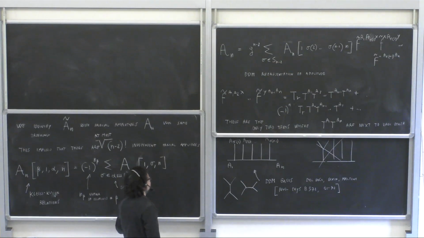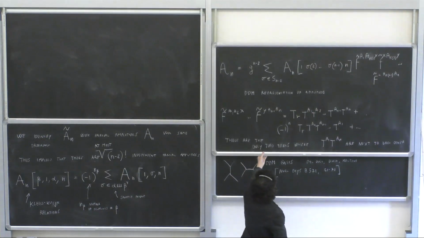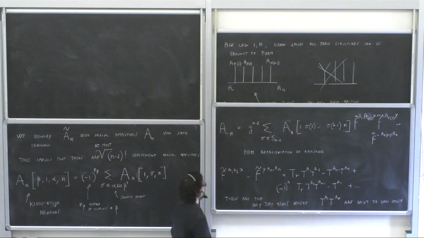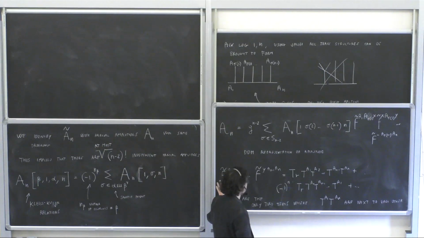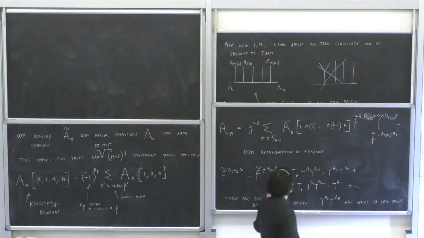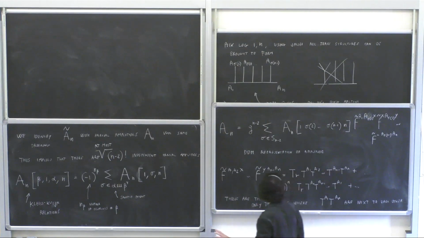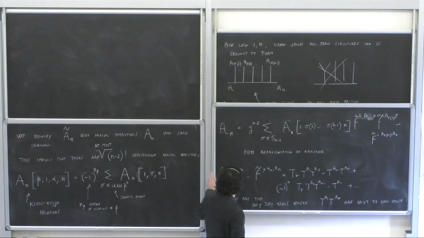So the way we identify this is by essentially expanding this in the trace basis, right? So we're going to have a trace basis here in which we have elements where you have the ordering of these two.